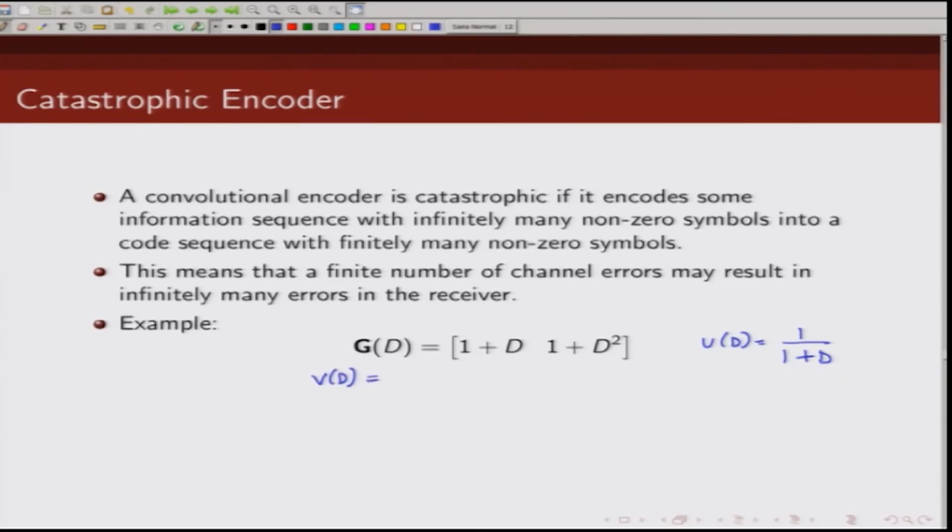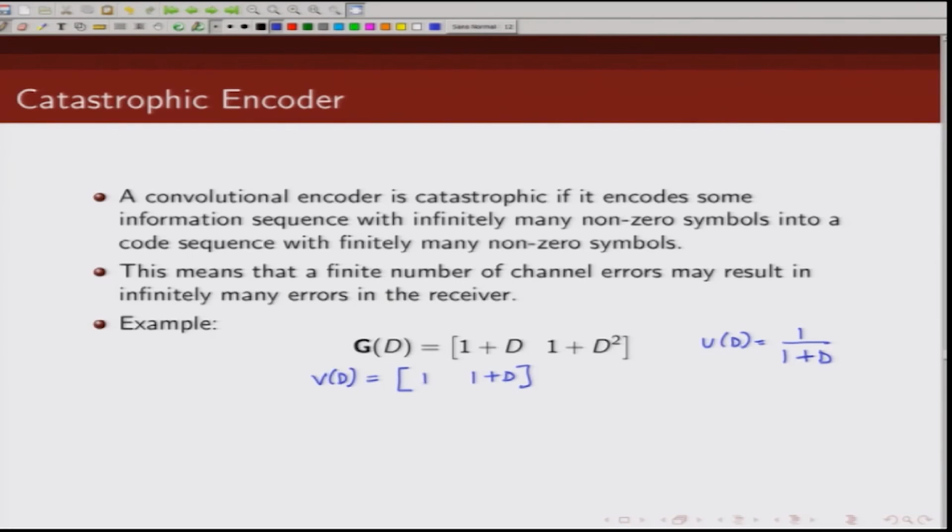Your output sequence would be 1, and this will be 1 plus D. So, you will get an output sequence which has weight only 3, whereas your information sequence has an infinite number of ones. So, here is an example where an input sequence of a very large number of ones is getting mapped to an output sequence of only weight 3.